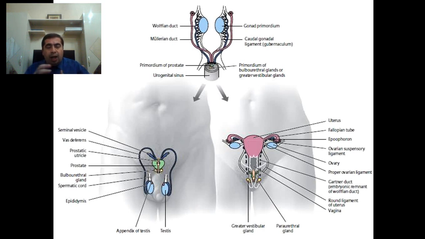For example, around the epithelial cells, this is the coelomic epithelium of the gonads, the future testes or the ovaries, it doesn't matter.